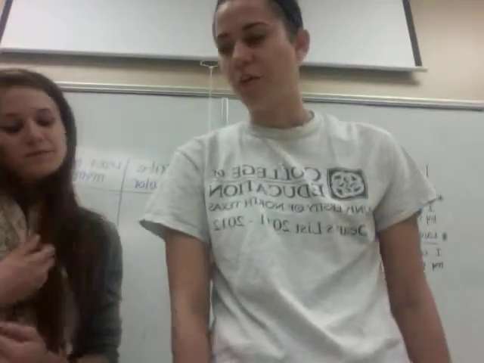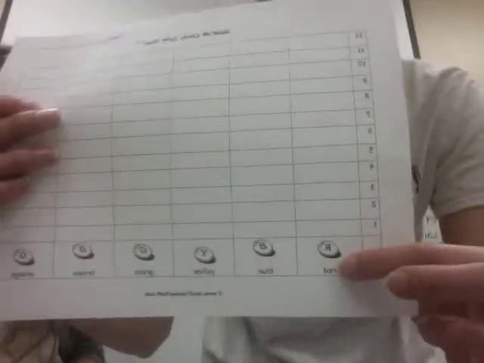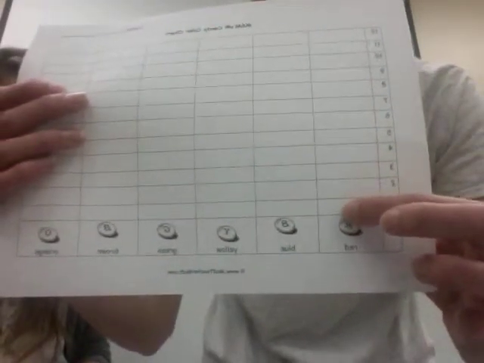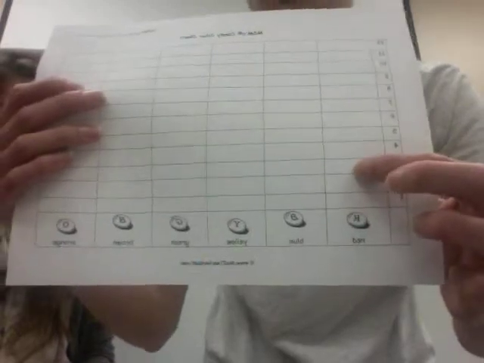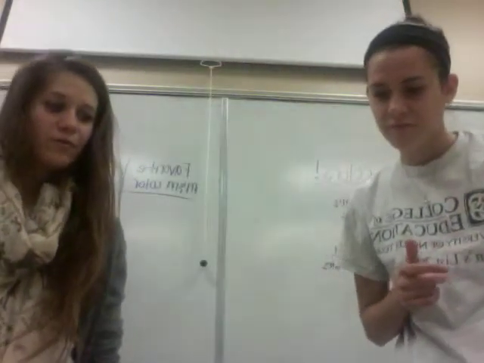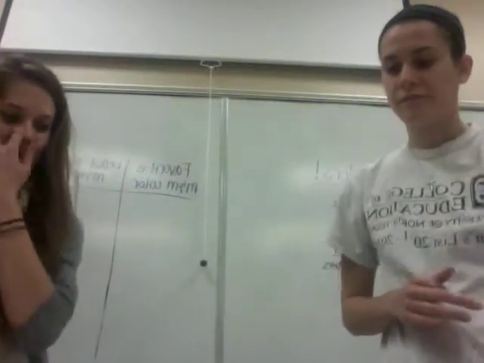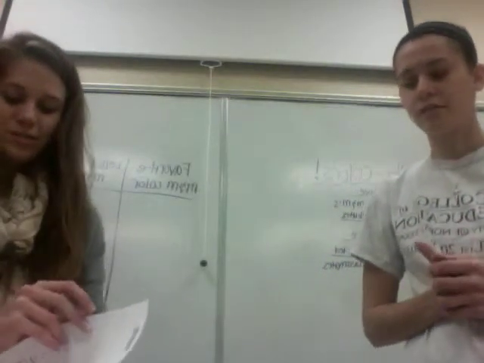All right, now we are going to have you actually graph your M&Ms on the chart, and for every M&M you have, like on the red M&Ms, I want you to place your M&M in that spot. So place your first one here, your second one here, your third one here, and so forth for each color. So if you have 3 red M&Ms, how many are going to be on your chart?